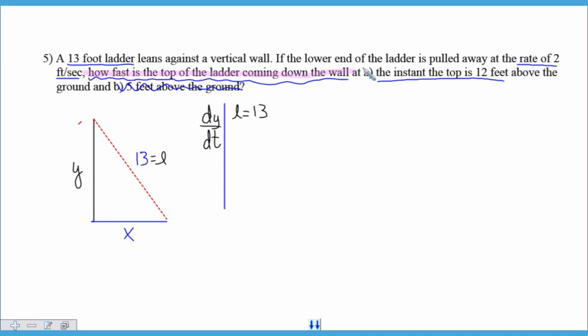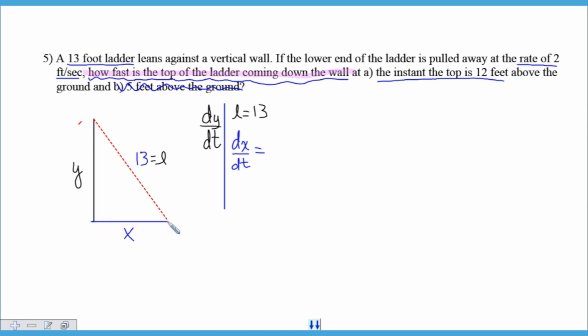We know that the end of the ladder is pulled away at a rate of 2 feet per second. Well, this is the end of the ladder, and if it's being pulled away, that means X is changing. So I'm going to write the rate of change of X with respect to time, because that is what this means, a rate of 2 feet per second being pulled away from the wall.